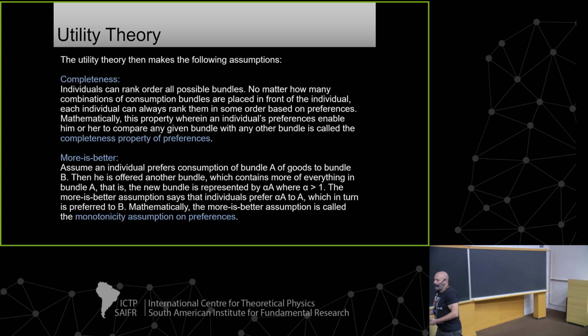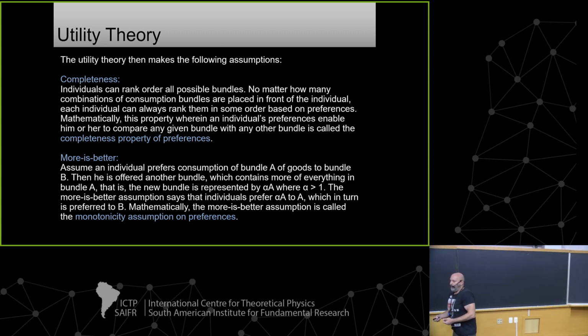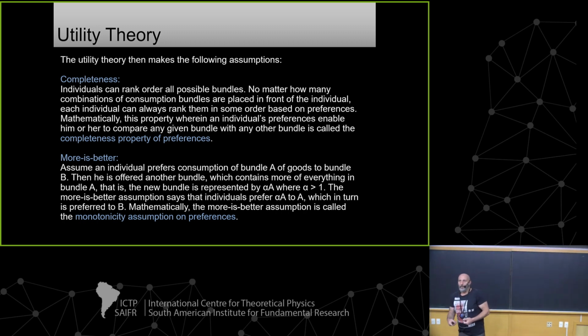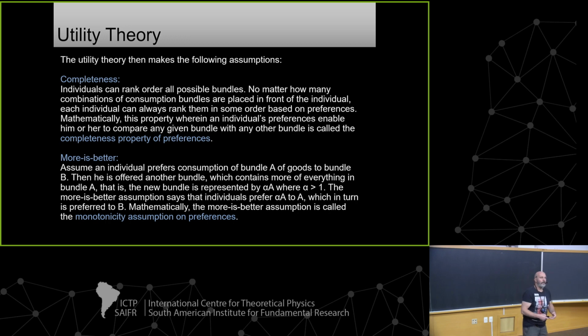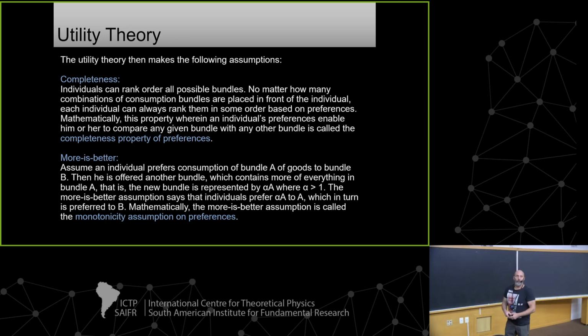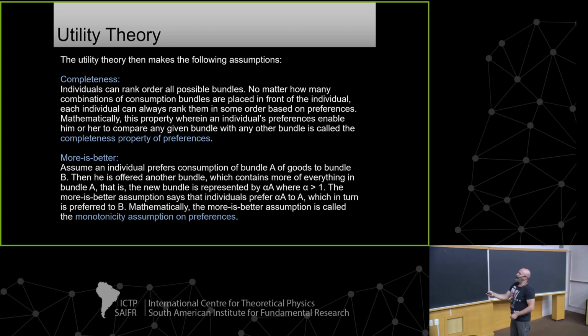If I make a choice based on a given quantity that can be measured, and there is another choice that represents the highest amount of this quantity, I will prefer the one that will give me the highest payoff. So more is better is one of the assumptions linked to utility theory.